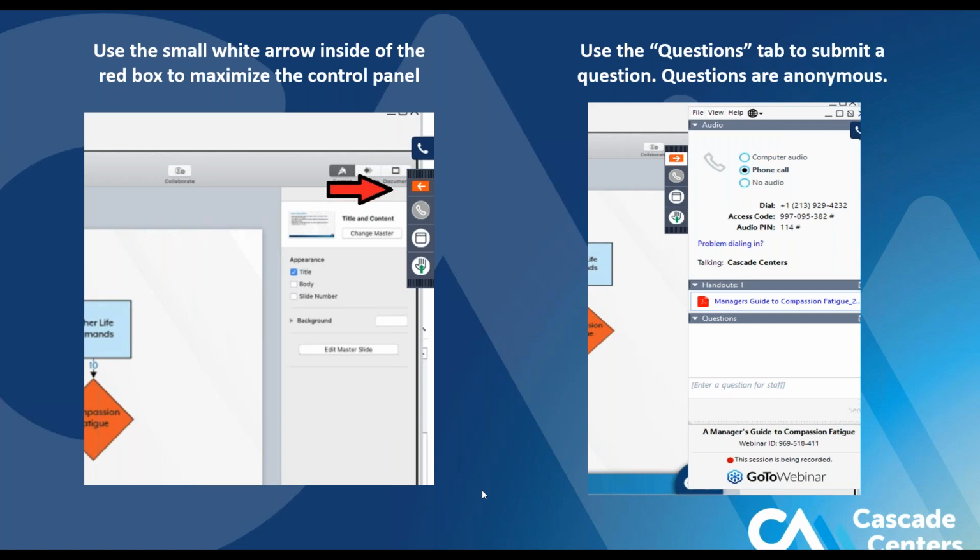So it will be anonymous in terms of who's asking the question. If that was any possible barrier to typing in a question, hopefully that eliminates any concerns about that. You can also minimize or maximize that control panel with that little orange arrow. Hopefully that's clarified some of the general logistics.